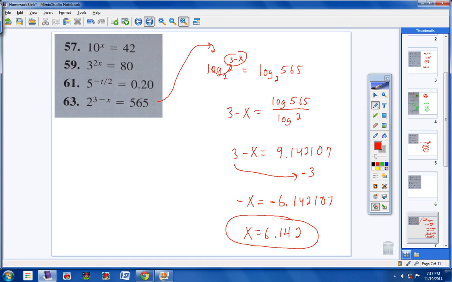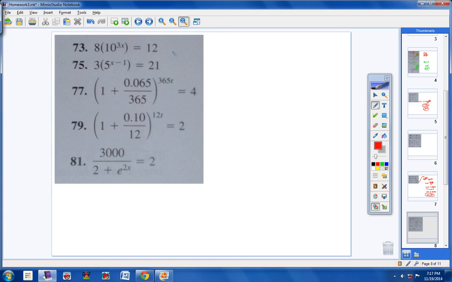Number 73. Okay, same problems. Here we go. Okay, the base of my unknown is 10. So I want to get this whole base, this whole exponential, isolated. So I'm going to divide both sides by 8.